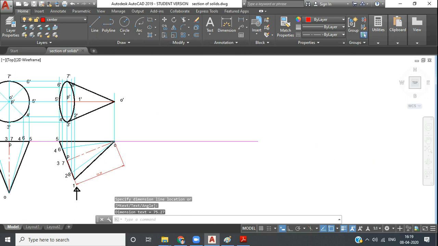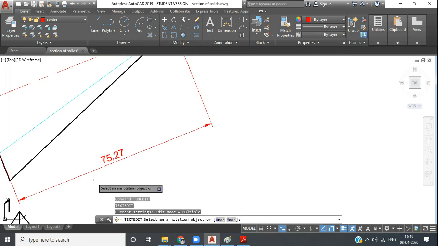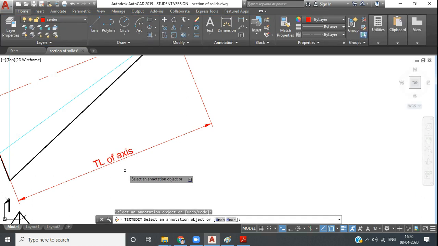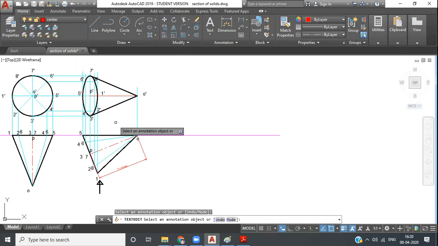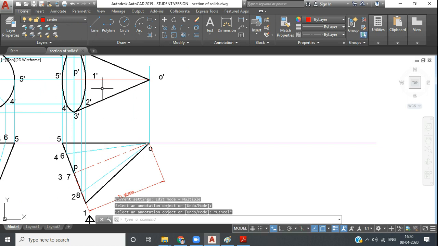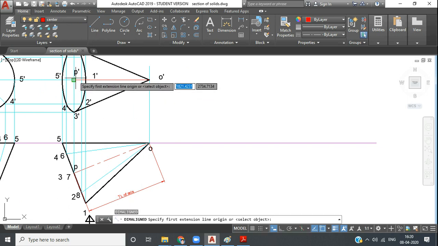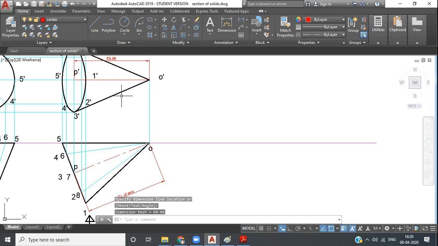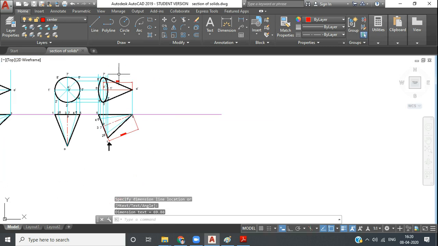I will name this TL of axis. So this is the true length of the axis, and this is your front view of the axis, so its length is less than 75.